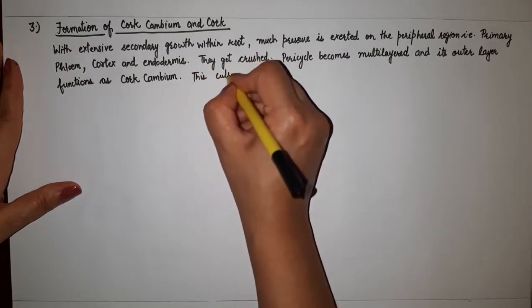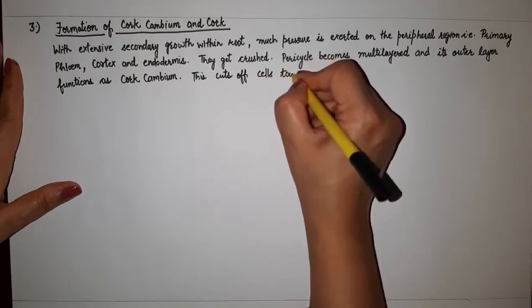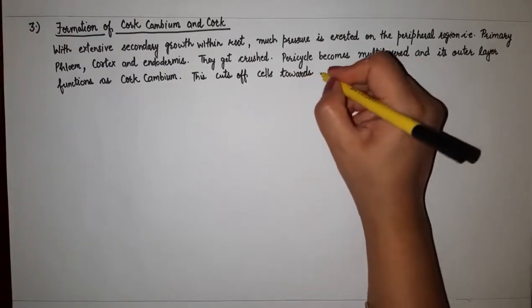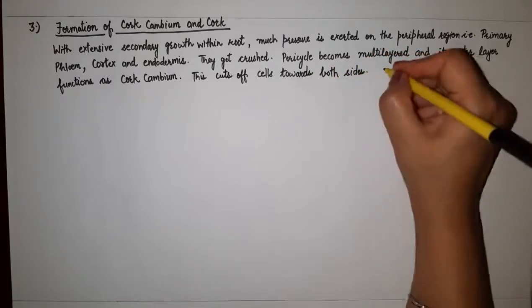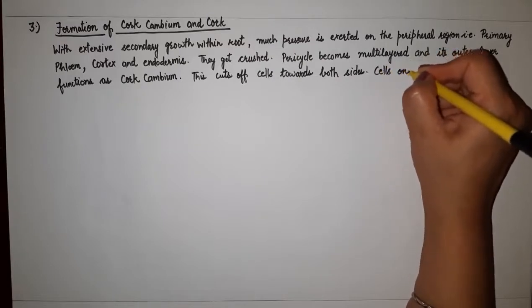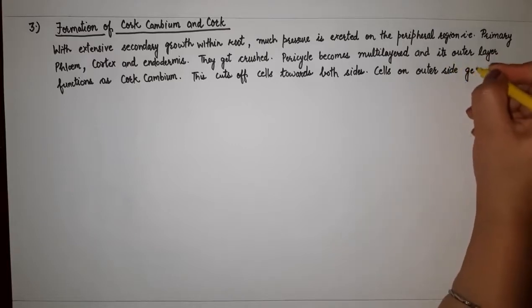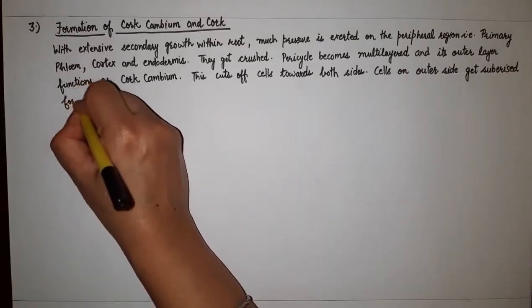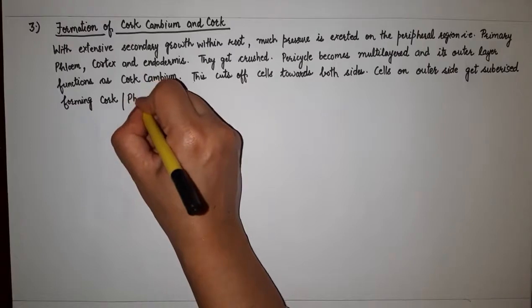This cuts off cells towards both sides. Cells on the outer side get suberized, forming cork, or the other name is phellem.